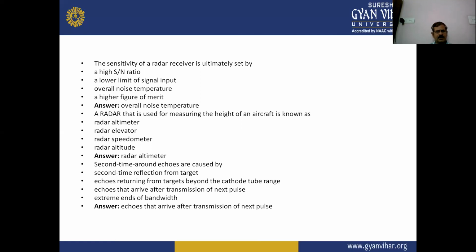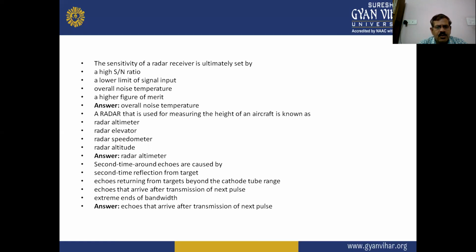In the next question: second time around echoes are caused by? Option A, second time reflection from target. Option B, echo returning from target beyond the cathode ray tube range.